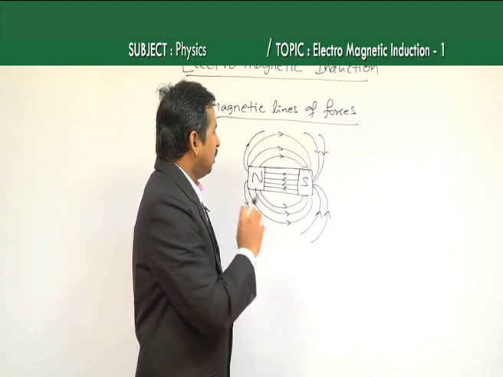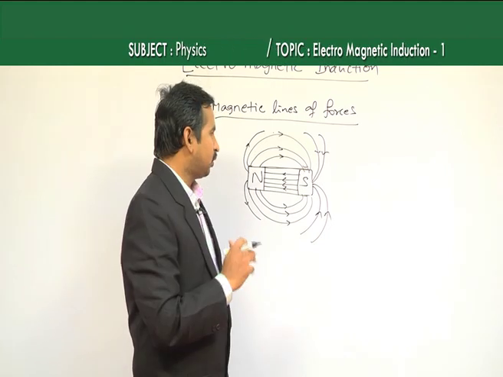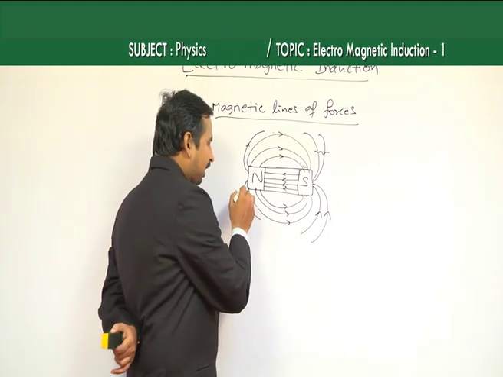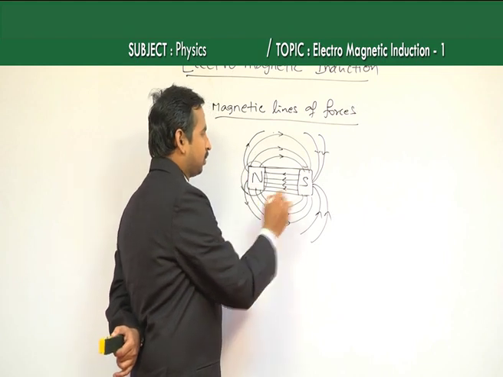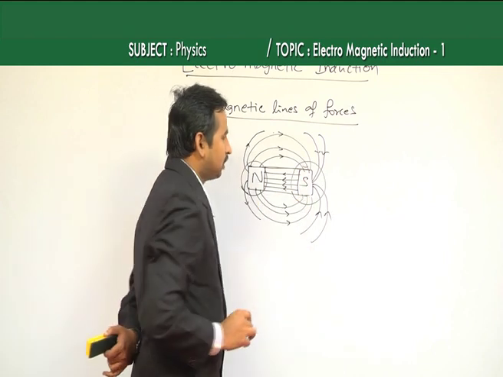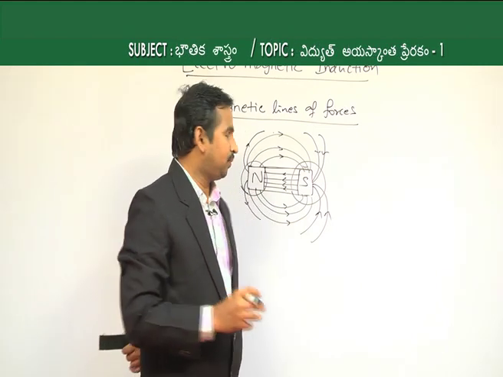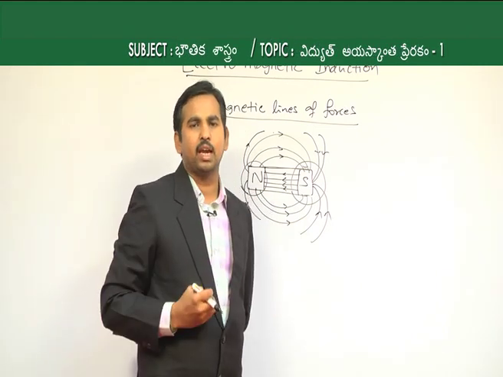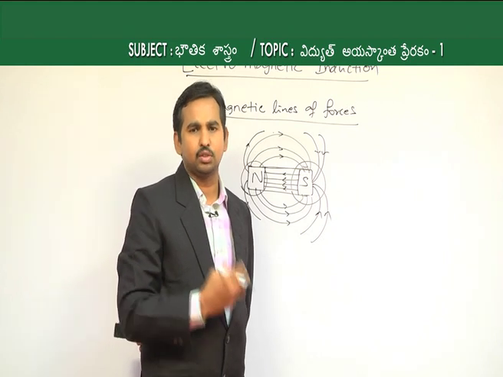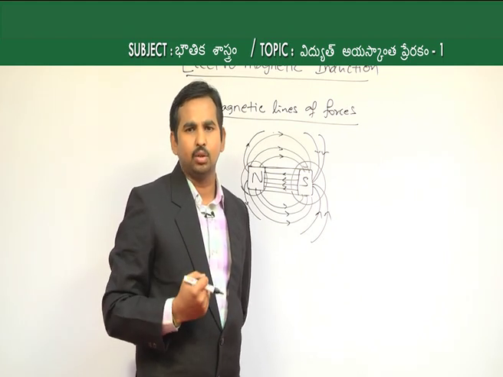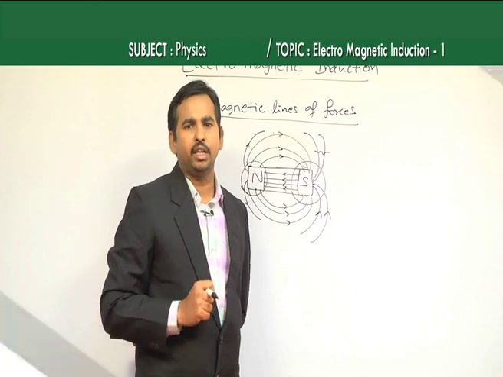If you observe, more lines are present at the poles. So the poles of the magnet are where more magnetic lines of forces are concentrated, and that point we call a magnetic pole.